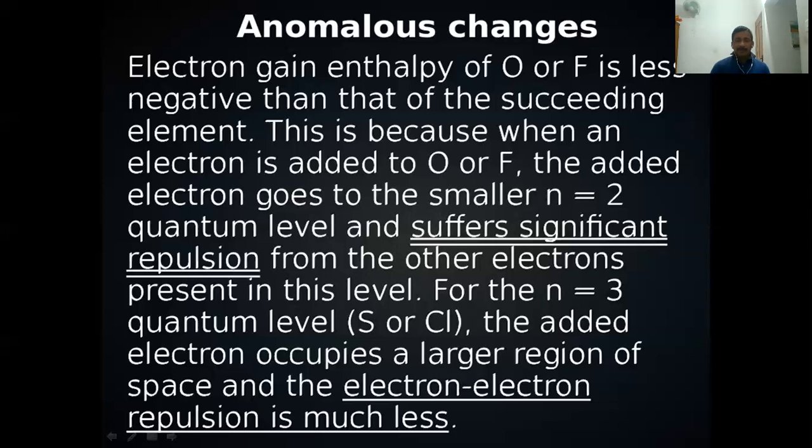But in the case of chlorine and sulfur, the quantum level is n is equal to 3, third quantum level. The added electron occupies a large region of space and the electron-electron repulsion is much less. That is the reason.